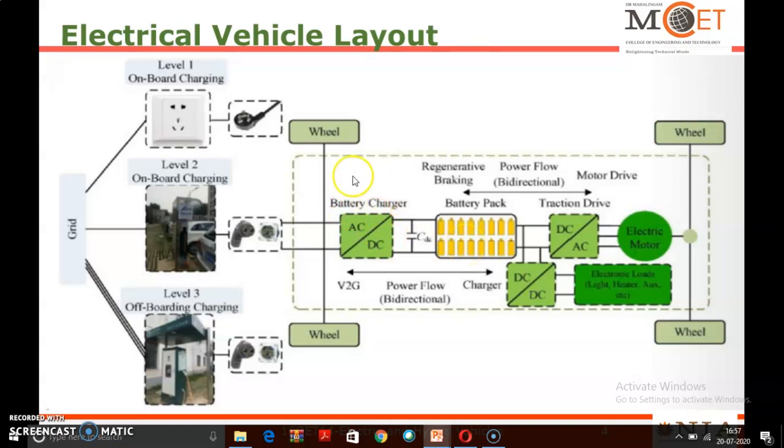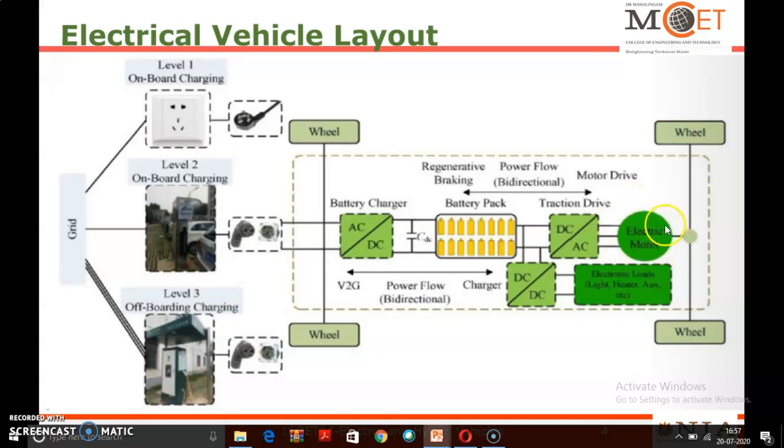Hence, this battery charger converts the AC electrical supply into DC form to store the electrical energy in the battery. The battery pack consists of the battery modules, coolant systems and the battery management systems. And this is an electric motor or a traction motor.